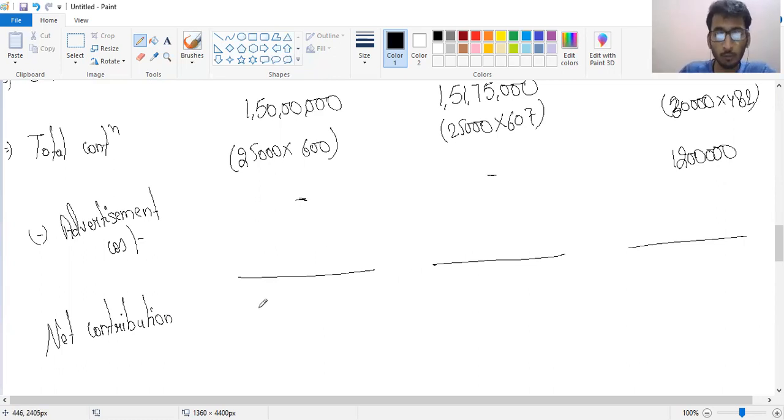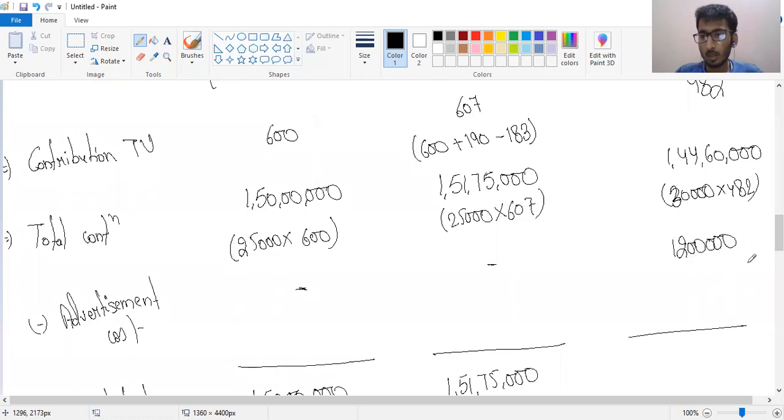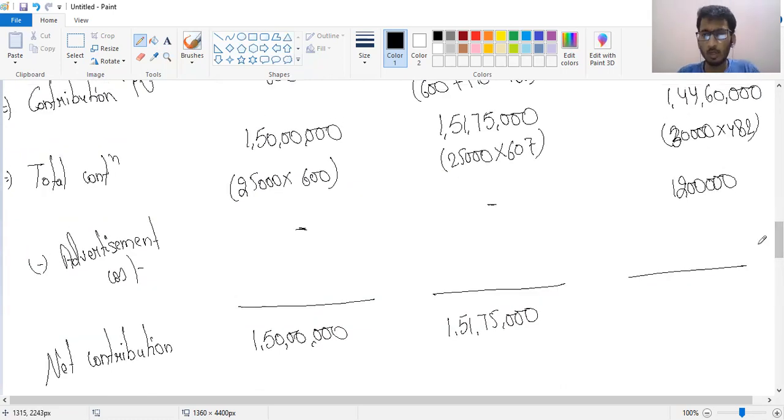So net contribution would be 1 crore 50 lakh, 1 crore 51 lakh 75,000, and in this case 1 crore 44 lakh minus 12 lakh, so I can say 1 crore 32 lakh 60,000.